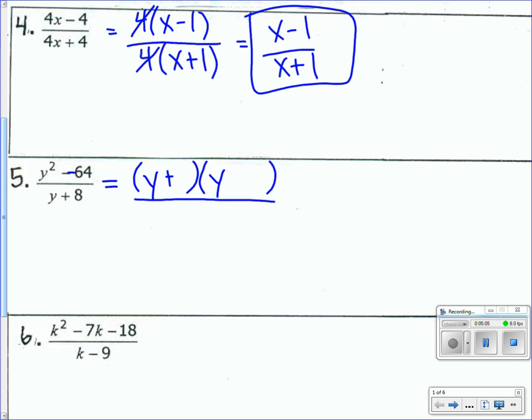So one will be plus 8, one will be minus 8. And then the denominator of y plus 8, we cannot factor any further, so it's just y plus 8. Then we have a common factor of y plus 8. So those will divide out to be 1, and we'll have y minus 8 left over.